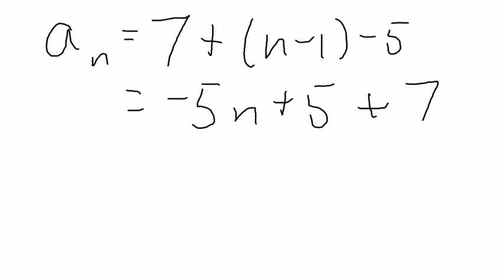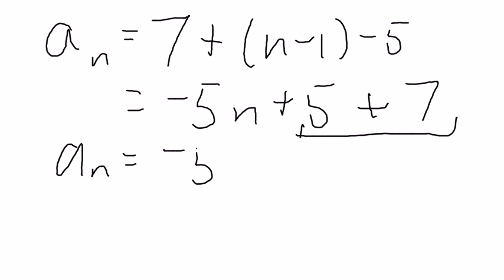You'll notice that these two can be combined. So our a n is now -5n plus 12. All right, that's our explicit formula for finding any term.